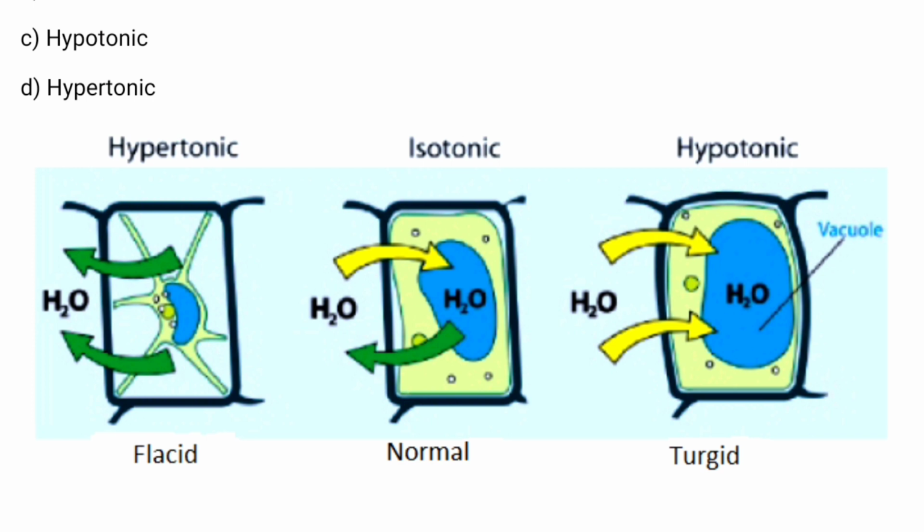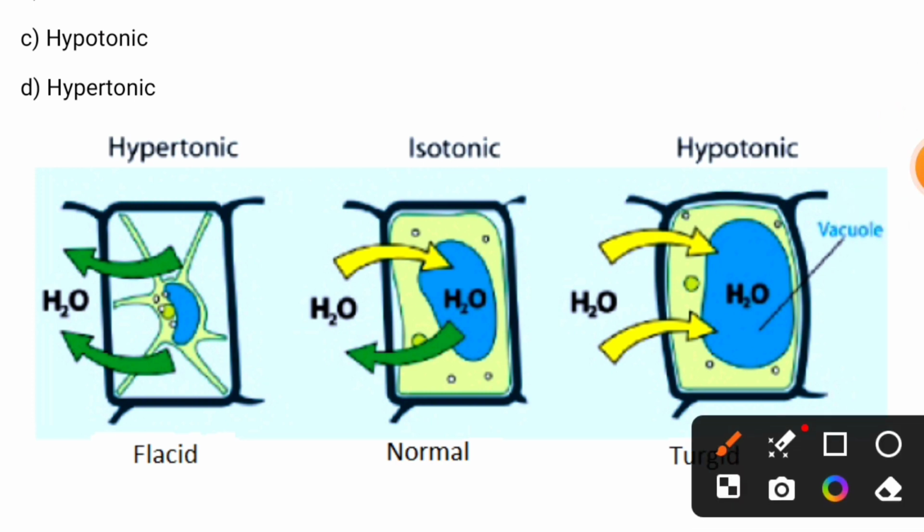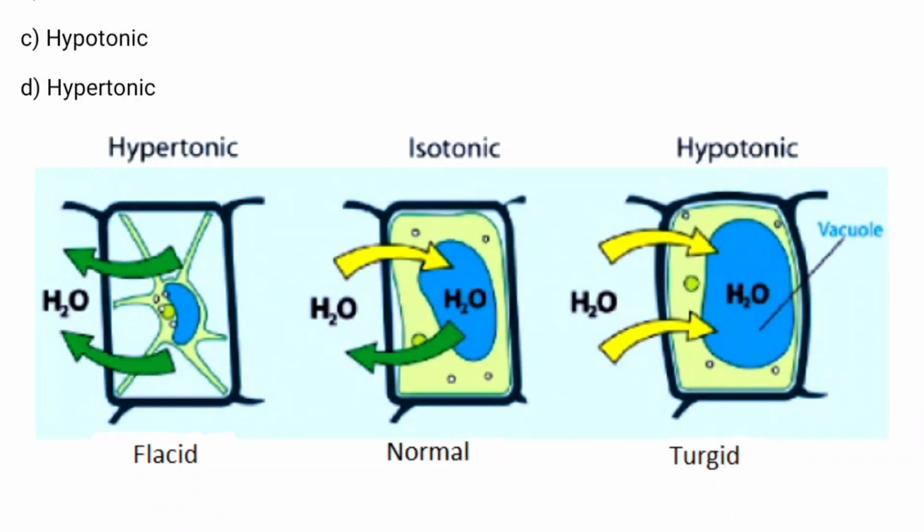If the cell is placed in isotonic solution, the middle one is the isotonic solution. The plant cell is kept in isotonic solution. So you have to know what is isotonic. Isotonic means the plant cell and the solution have the same concentration, so both are called isotonic to each other.